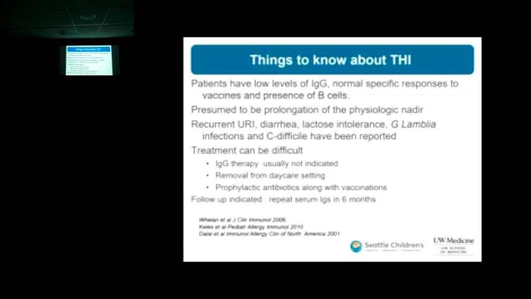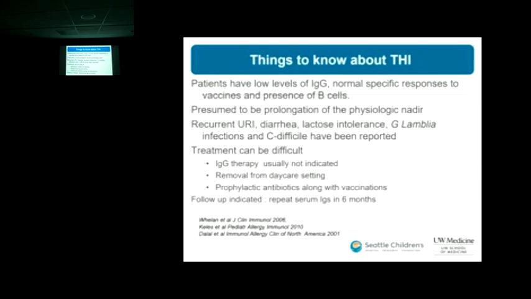So it's really hard in children, as your immune system is maturing, to predict which way you're going to go. Treatment sometimes can be difficult because some of these kids will have recurrent infections, and there are lots of different recommendations.